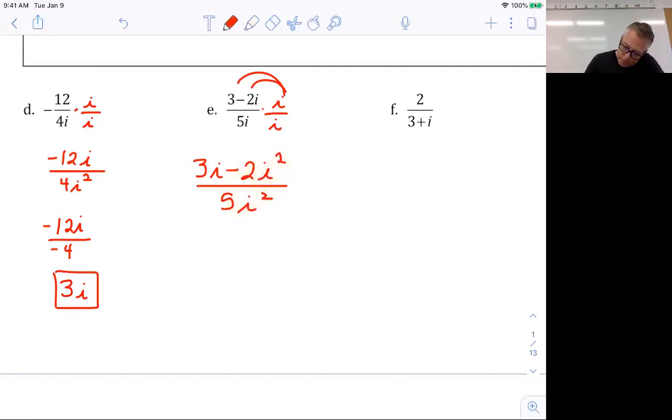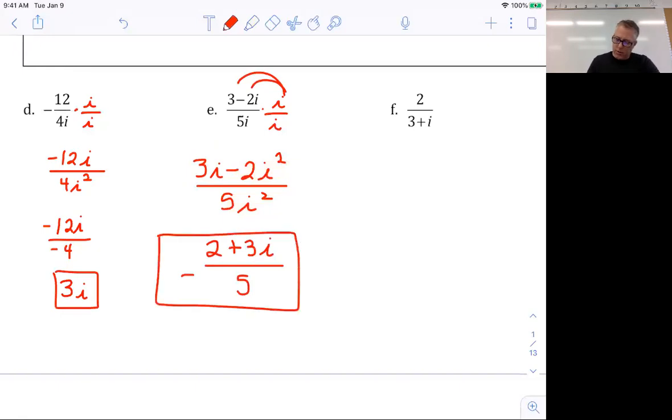So my top is going to be plus 2, which I'm going to write as 2 plus 3i. I just switched the order so that it was in that standard form. And the bottom is negative 5. So we can pull that negative out front. And our answer is the opposite of 2 plus 3i over 5.